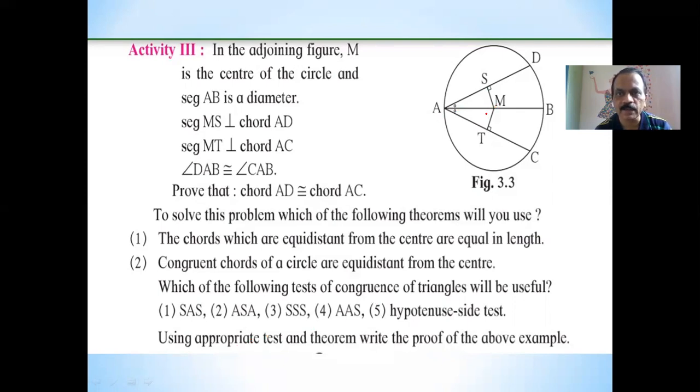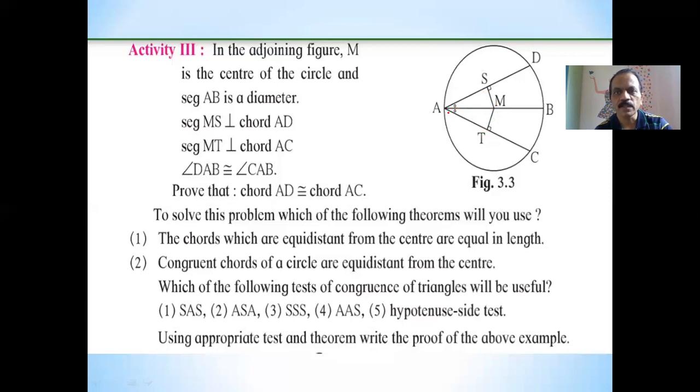This is a right angle triangle, and another triangle is MTA. This is another right angle triangle, and we are given that angle DAB is congruent to angle CAB. Use the given properties in this figure. We use the angle side test of congruency of a triangle. Look here, angle MSA is 90 degrees and is congruent to angle MTA.